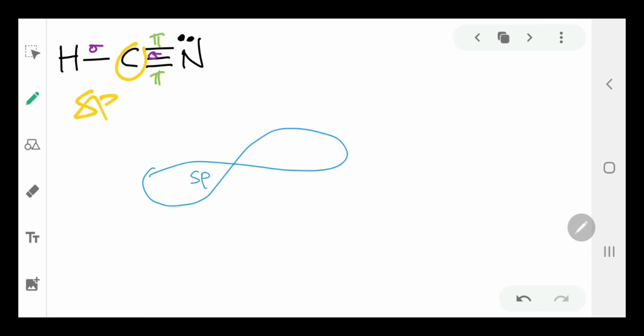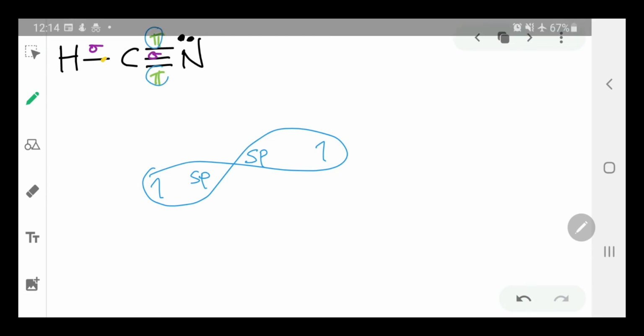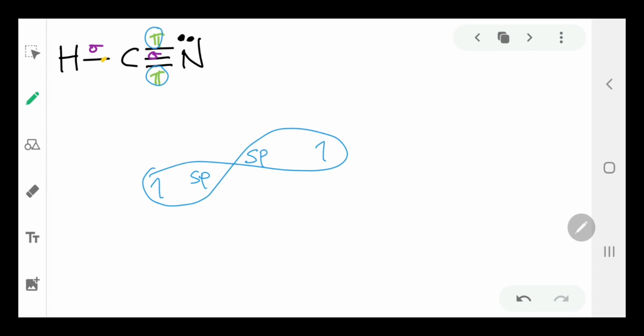This is sp, don't forget to label that sp. And then one unpaired electron and another one unpaired electron right there. And we have 1 and 2 pi bonds.